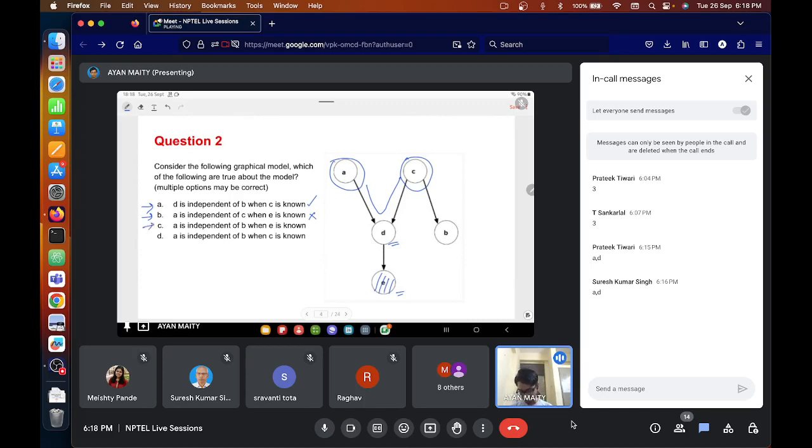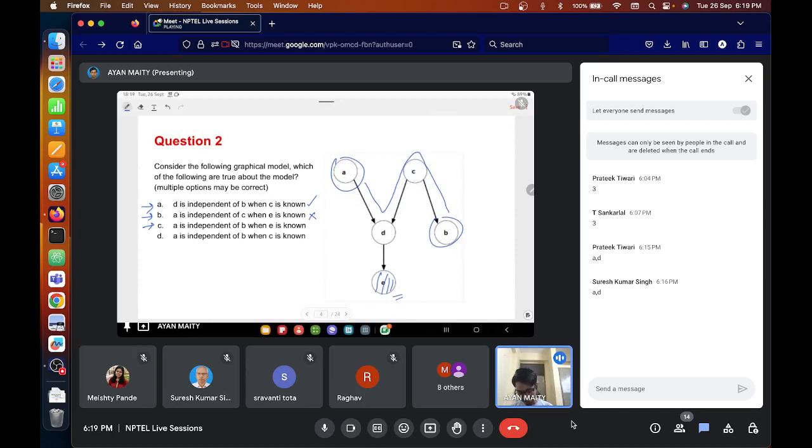Third option is whether A and B are independent or not given E. If E is given, there is only one undirected path from A to B: A to D to C to B. We have to check whether this path is anywhere blocked. If E is given, the path is not blocked at D, so ADC is not blocked.